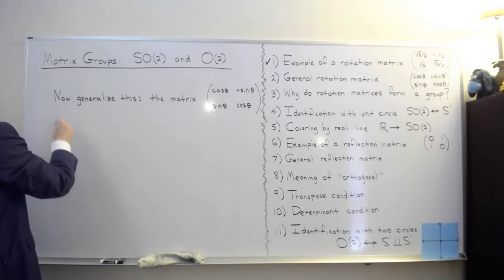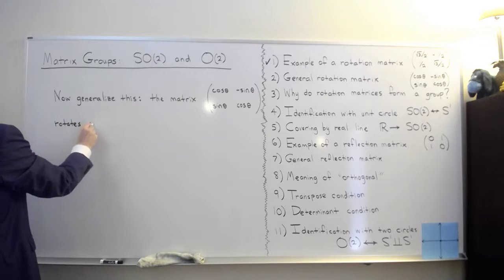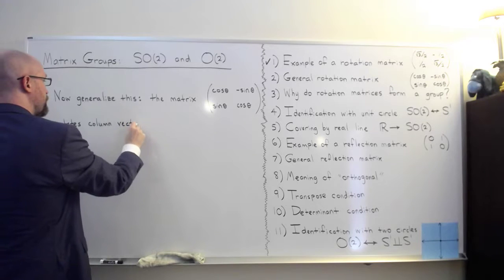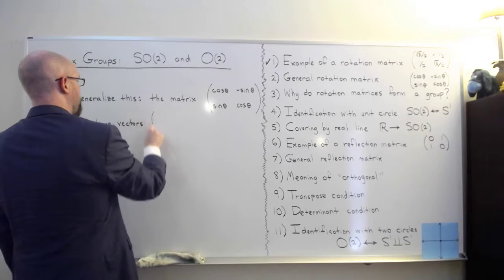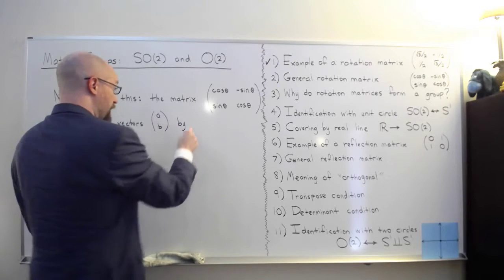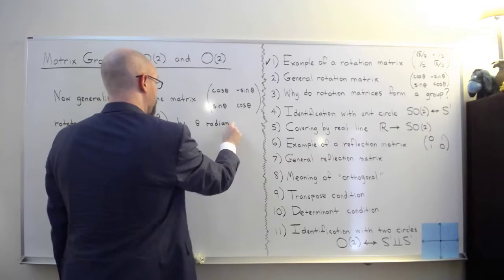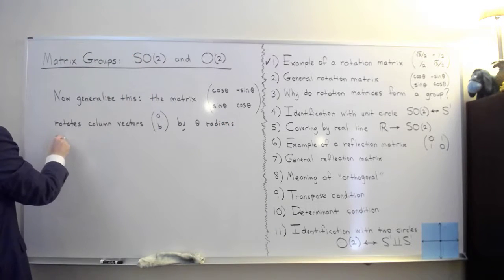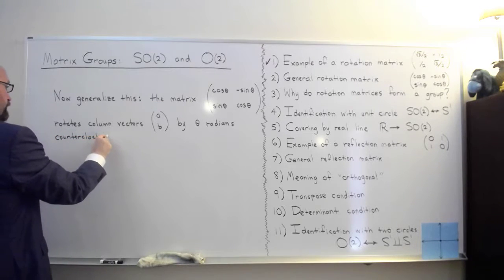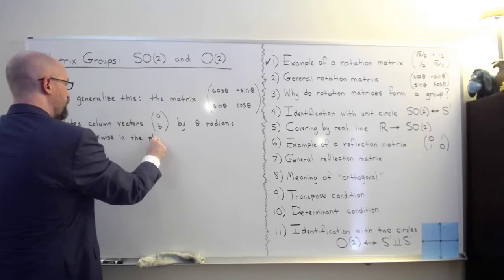This matrix here rotates column vectors (a, b) by an angle of theta radians counterclockwise in the plane.